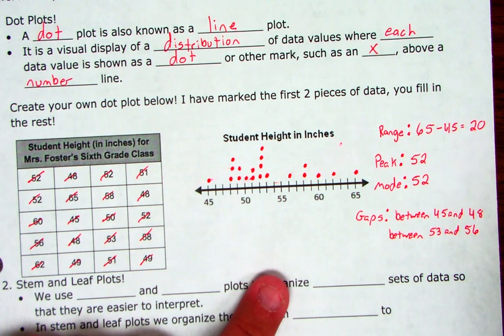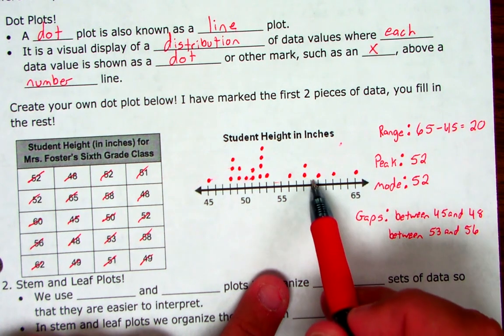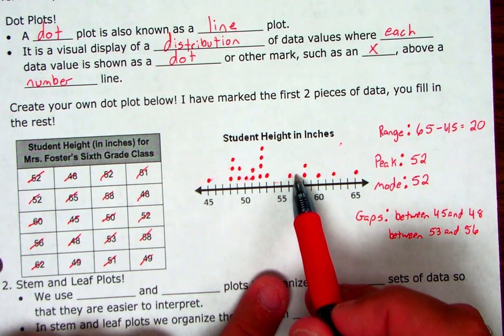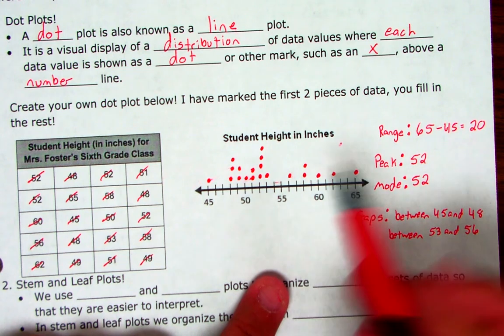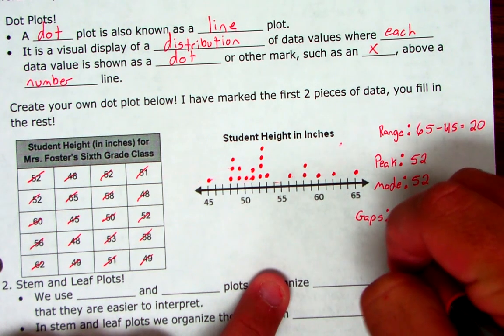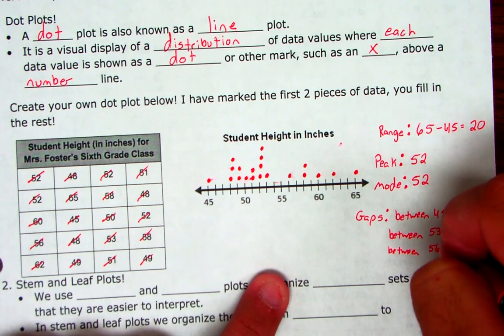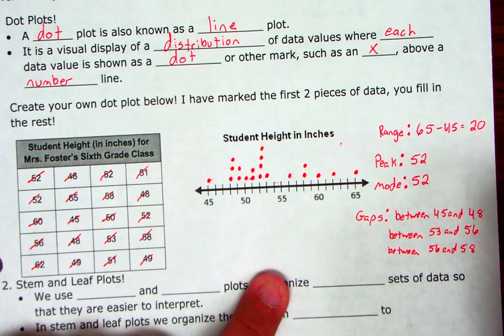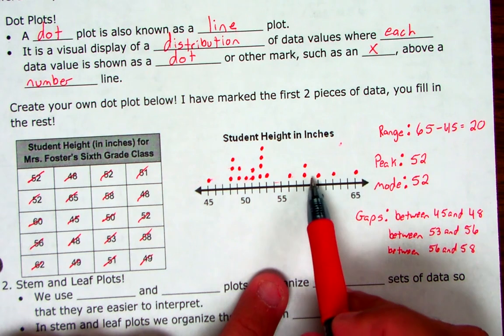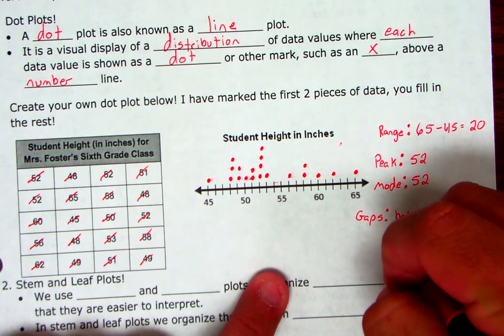And then do I have any other gaps? Right here. That would be between 56 and 58. I have another gap between 58 and 60.